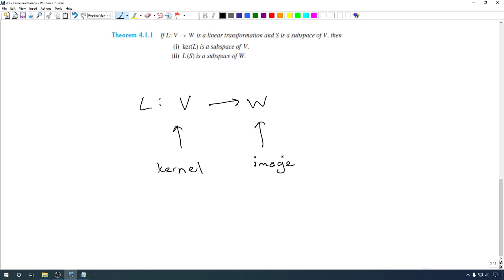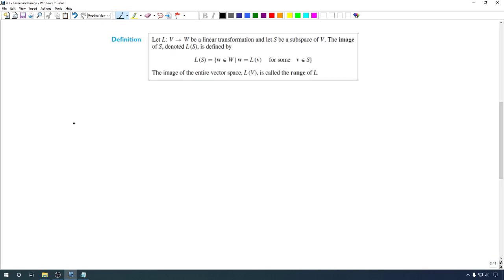And those are consequences of the fact that this is a linear map. If this was just any arbitrary function, this would not be true. But as long as we're dealing with a linear map, then the kernel is always a subspace, and the image is always a subspace. So it just means that the range is always a subspace. And going back to range, we can do the same thing that we did with a matrix A, asking, what b's can we get out of this?